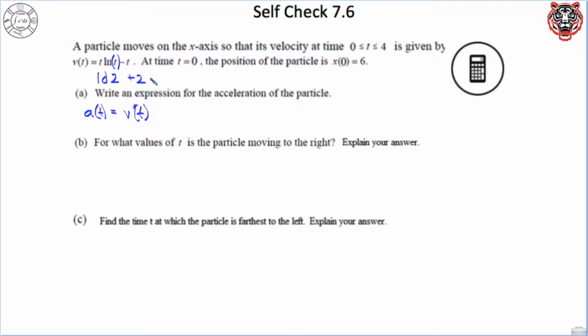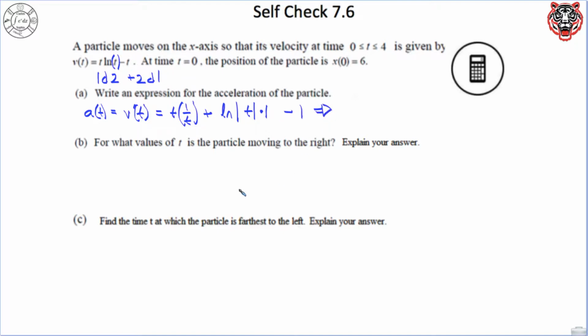So 1d2: 1 is t, derivative of 2 is 1 over t. Then plus 2d1: 2 is natural log of t, and d1 is just 1, so times 1. And all of this, I still have to subtract t, whose derivative is just 1.